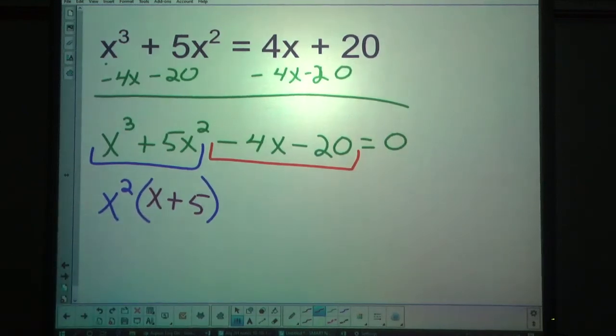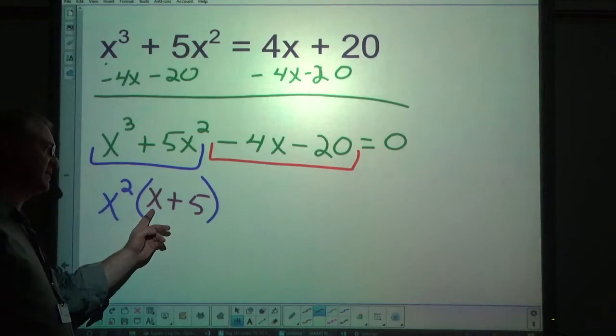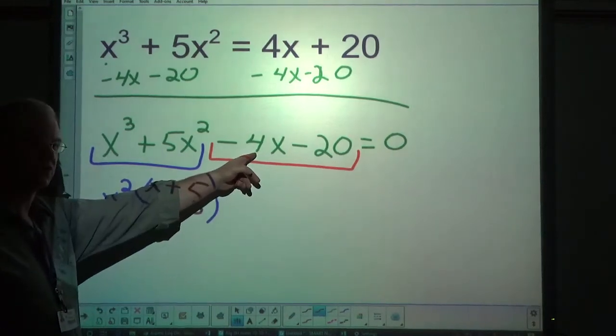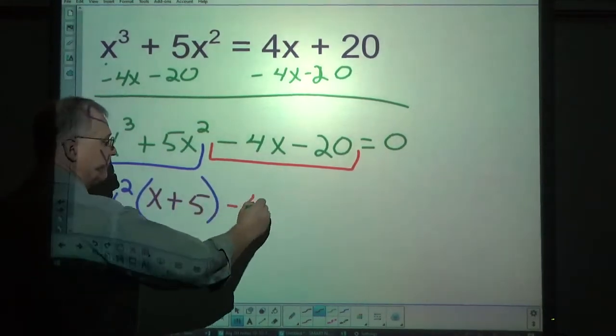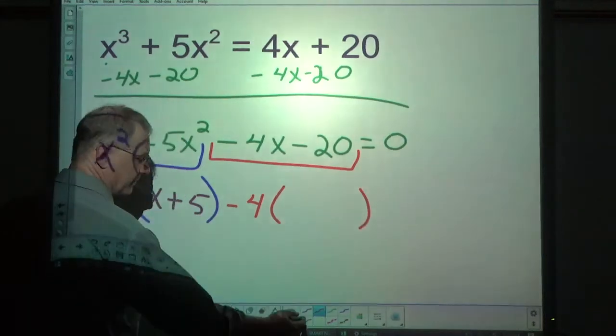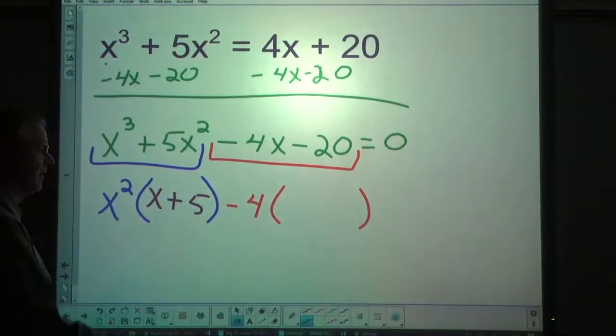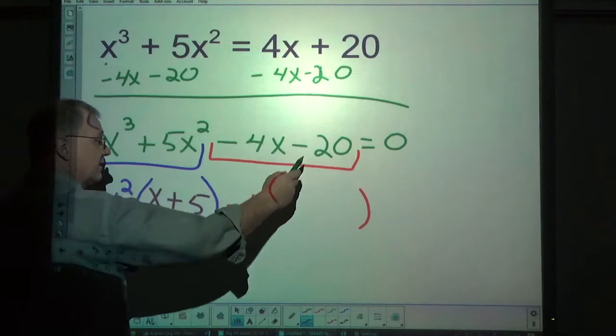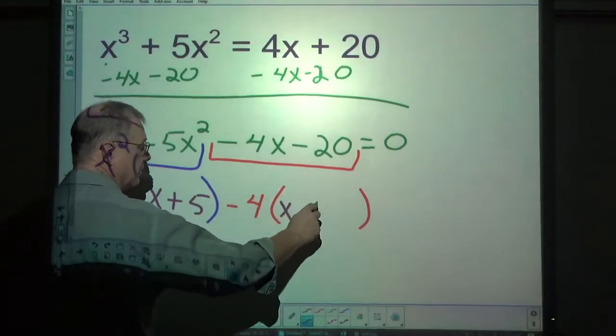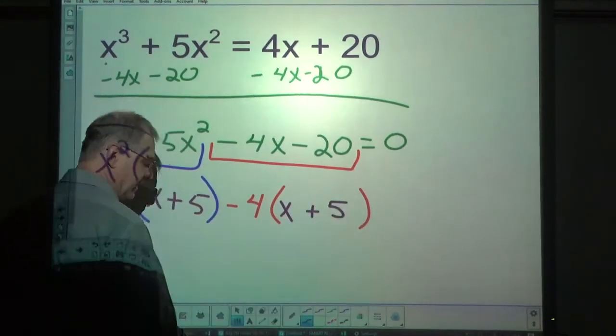That's one way of thinking of it. The other way is what times this gives me the first term here, and that would be a negative 4. It works either way, the same. And when I factor out a negative 4, I get x plus 5 inside.